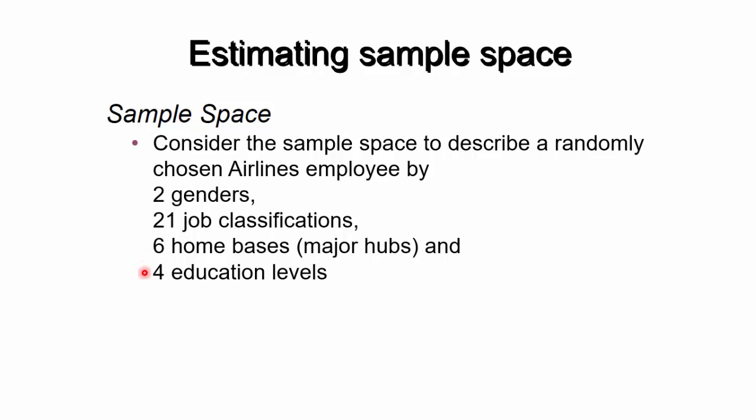Do they hold a diploma, a high diploma, a bachelor's, master's, or even higher? Now, how many different elements are in the sample space? You multiply 2 times 21 times 6 times 4. So there you are, 2, 21, 6, 4, and a total of 1008 possible outcomes.